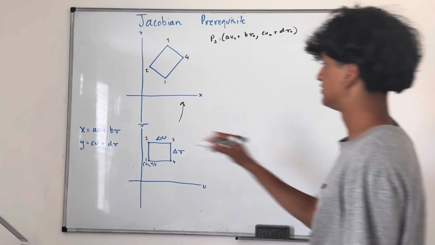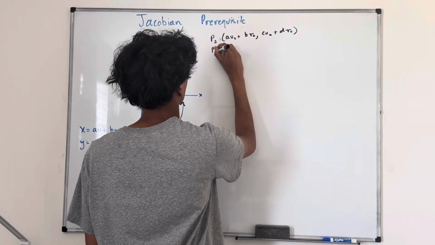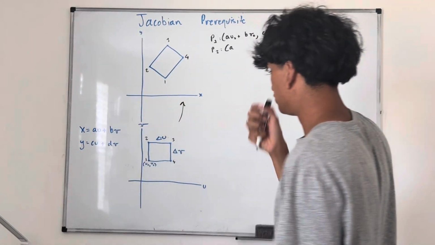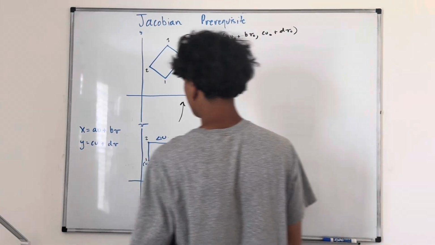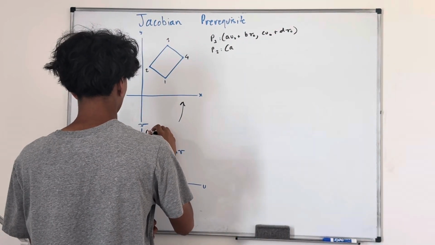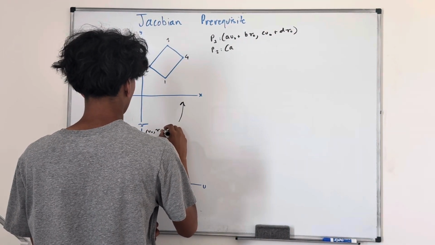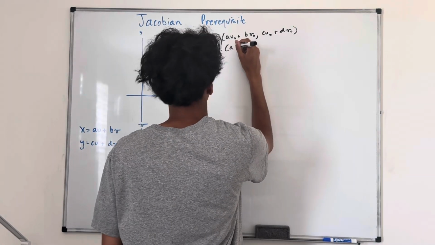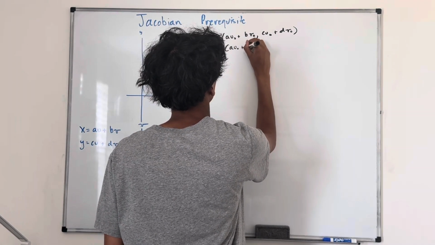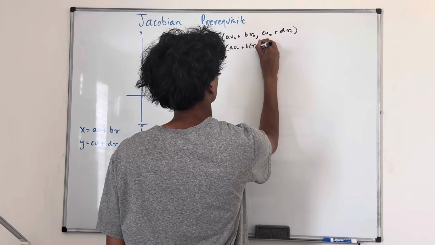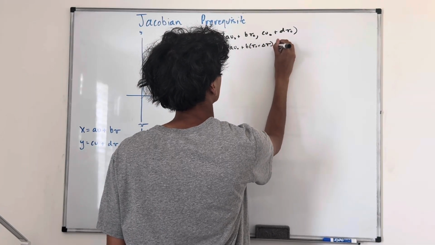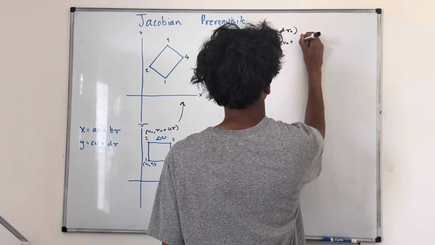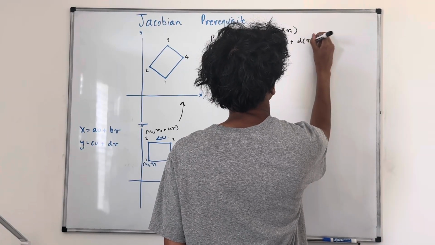Now, for point 2, the point here is really U initial and then V initial plus change in V. So I would have A times U initial plus B times V initial plus change in V. And then C times U initial plus D times V initial plus change in V.